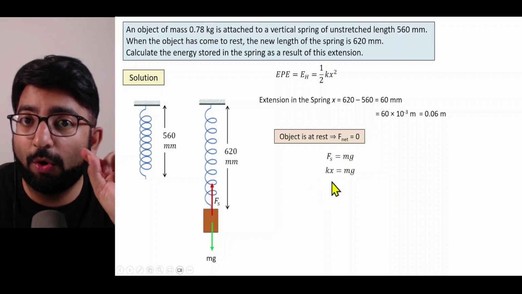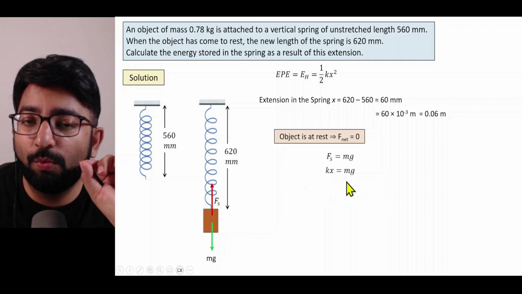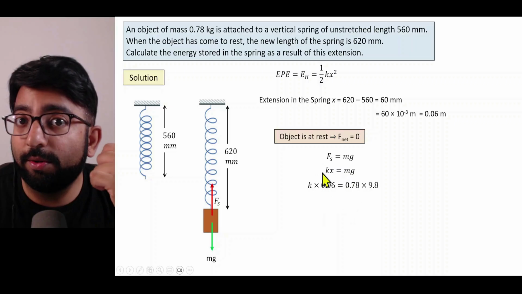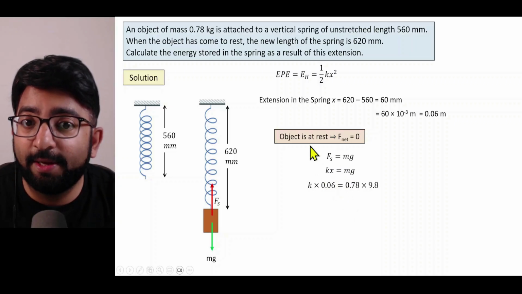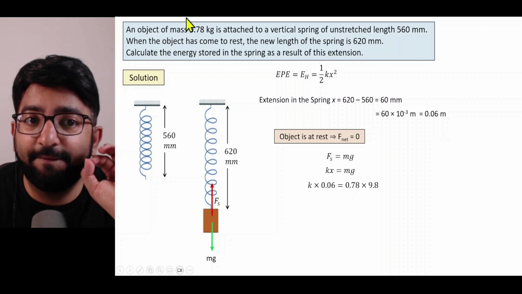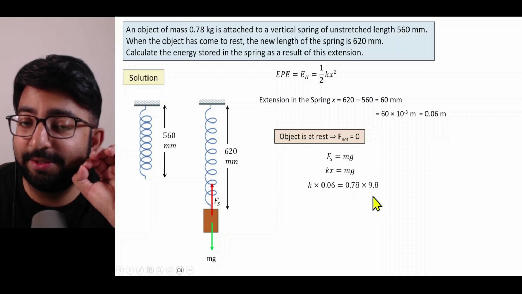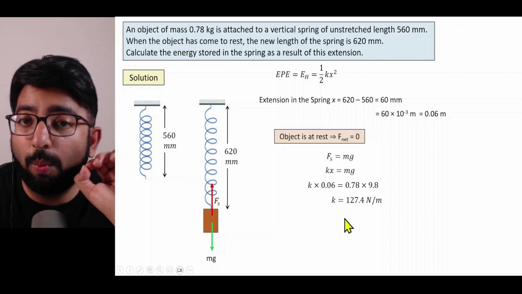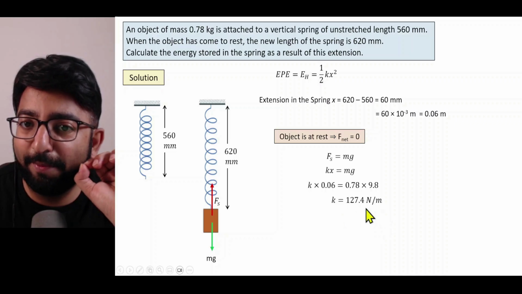Spring force by Hooke's law is kx, which will be equal to mg. Now, if we make k the subject and put all the values in, the extension we had figured out was 0.06, mass is given as 0.78, and the value of g is 9.8. If we simplify this, we will get the value of k as 127.4 newtons per meter.